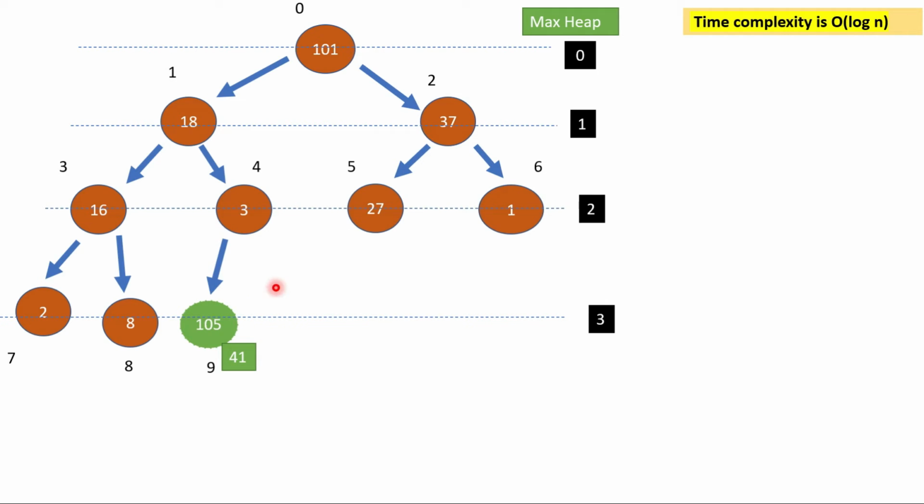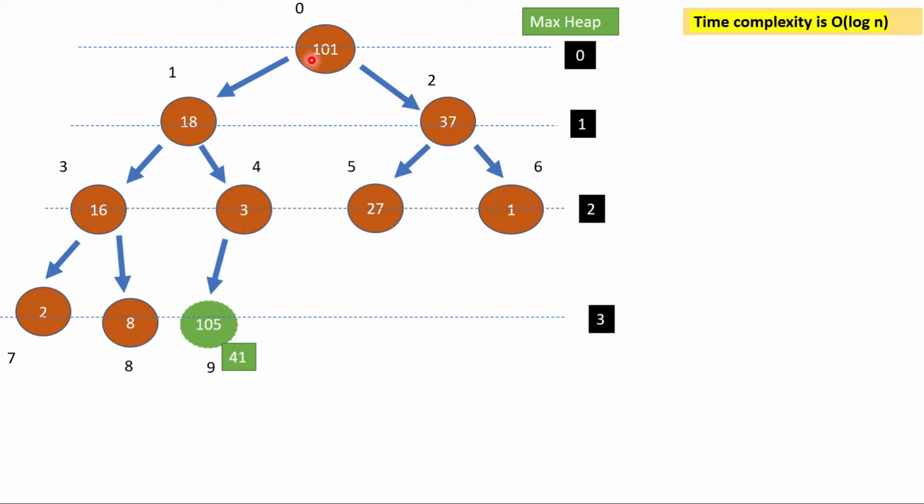The worst case will appear when the number is greater than the root node itself. If the number we insert is bigger than the root node, then it has to go up all the levels, because 105 will first swap here, then here, then it will go here, and 101 will come there, and gradually everything will move down.